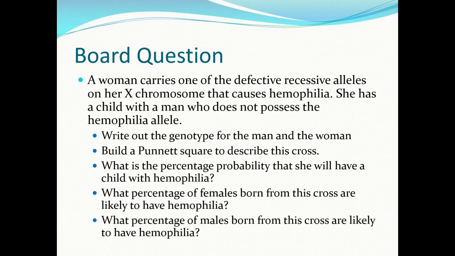So a woman carries one of the defective recessive alleles on her X chromosomes. This one's sex-linked, right? So that means that we have to use X's and Y's. So hemophilia is recessive, which means you have it. And this is a good gene, means you don't.